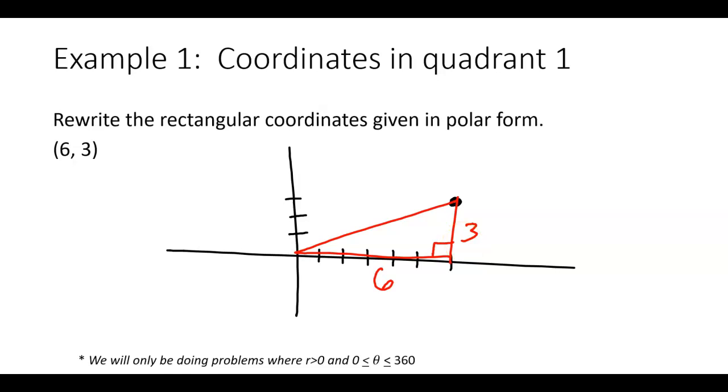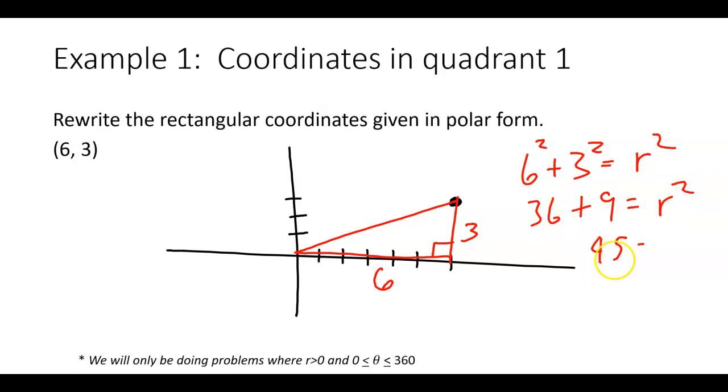Step 3 is to use the Pythagorean theorem to find out what the hypotenuse is, which is what we're going to call the R value. So, a squared plus b squared equals c squared, which I'll call R in this case. So we have 36 plus 9 equals R squared. 45 equals R squared.